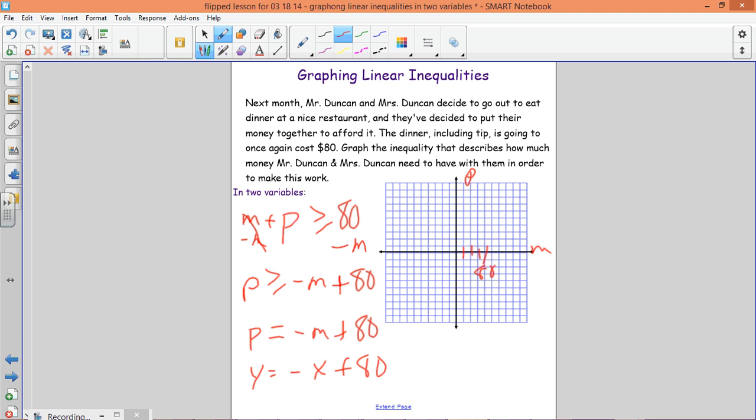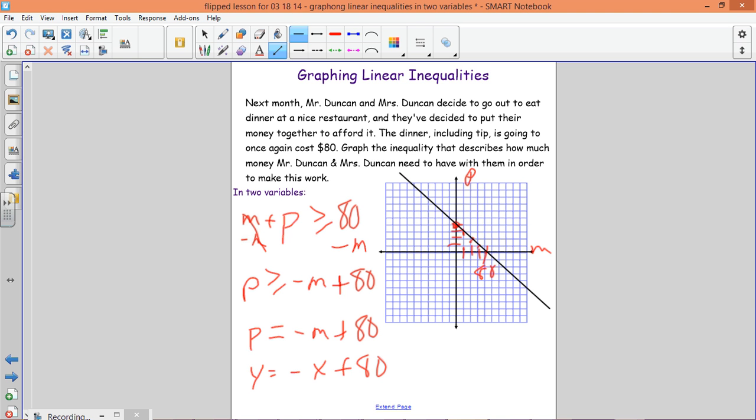So you should know how to do this one, because you just go up to the 80 on your y-intercept, right there, and your slope is negative 1, which means you go down 1 over 1. Because we're counting by the same scale, I can just go down 1 tick mark over 1, down 1 over 1, down 1 over 1, down 1 over 1. The line I should have would look something like this.